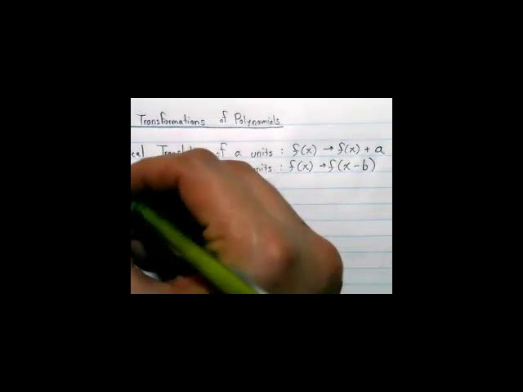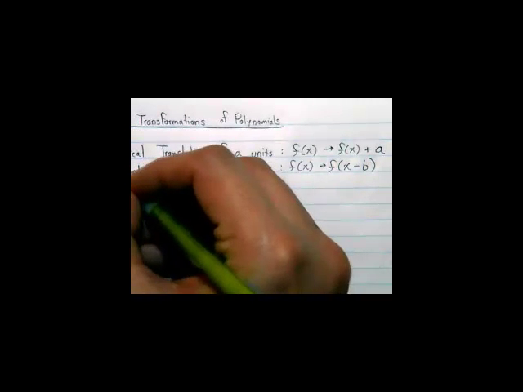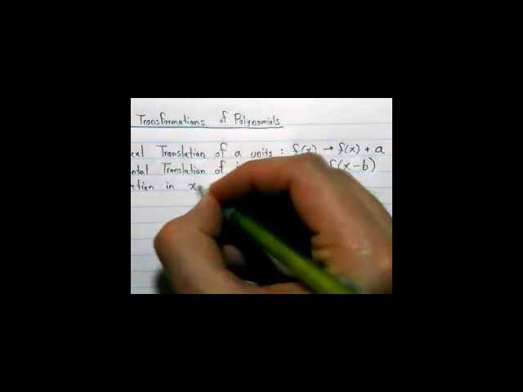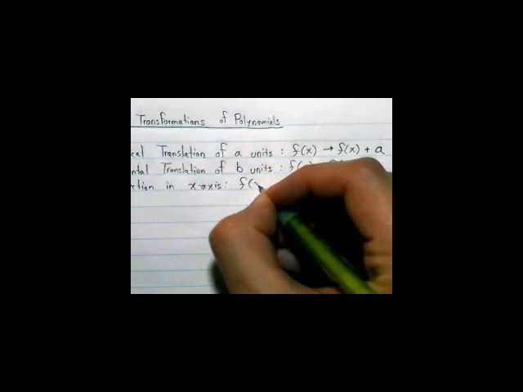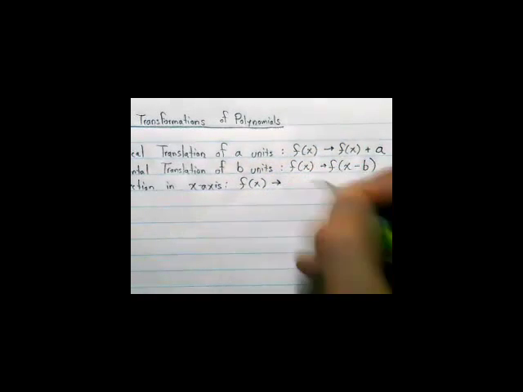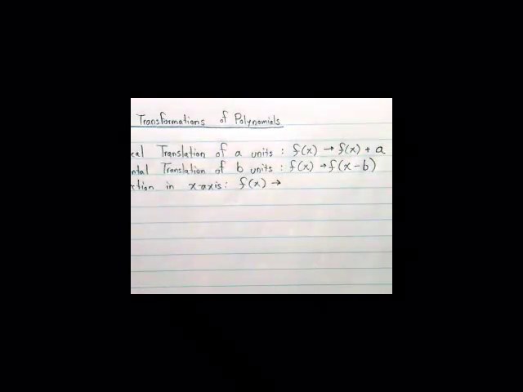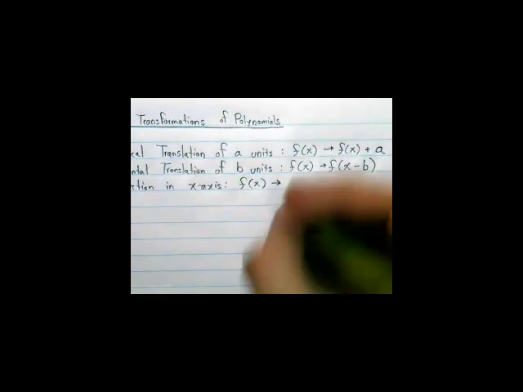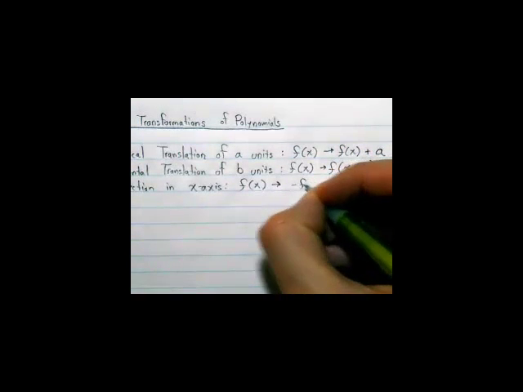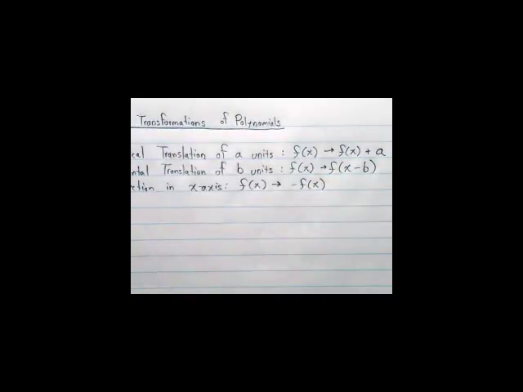Okay, a reflection in the x-axis. Okay, so I'm going to reflect something over the x-axis. How do I change the equation then? Put a negative in front of the whole thing. So f of x becomes negative f of x.